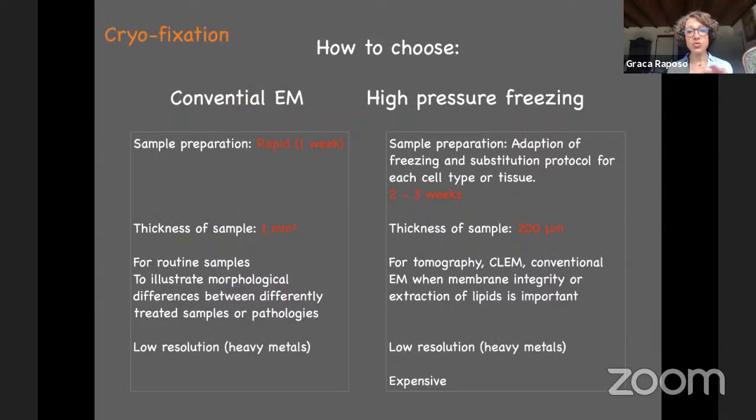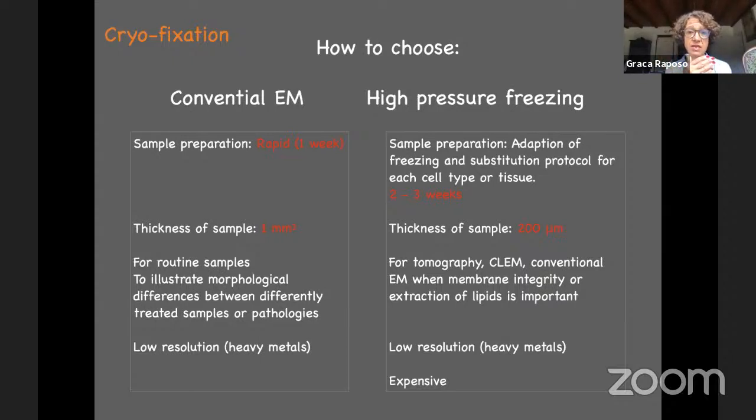And just to do a comparison between what we call conventional EM with the fixatives, with the aldehydes, and the high pressure freezing, it's true that you don't do high pressure freezing routinely, but it's the optimal method when you want to go further into the morphology of your tissue.